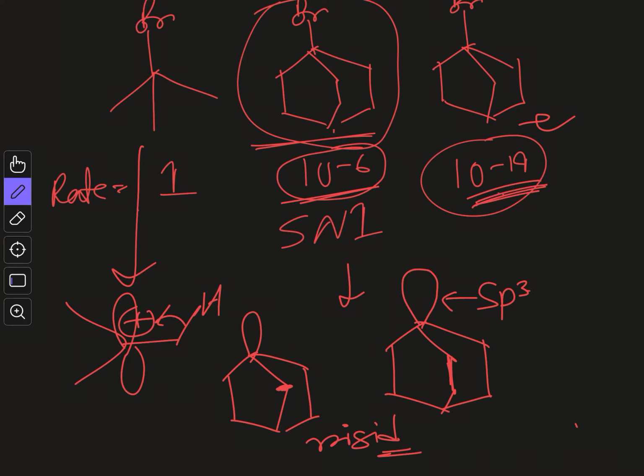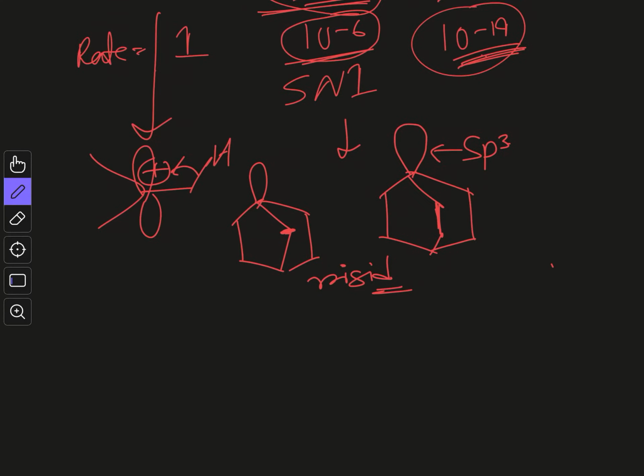So because of the destabilization of the carbocation, this substrate shows a very slow rate in SN1 reaction. A carbocation will form only when it can be planar. In this case planarity cannot be attained, and that's why the carbocation will not form, and it will show a very slow rate in SN1 reaction.